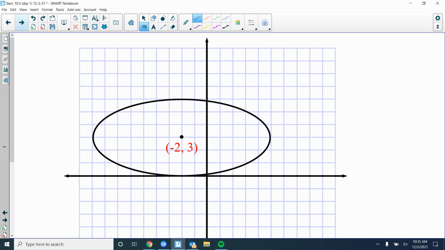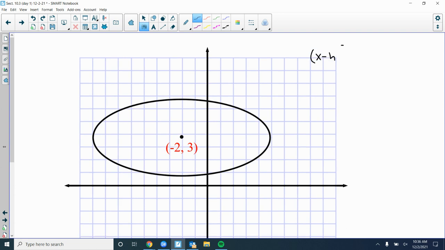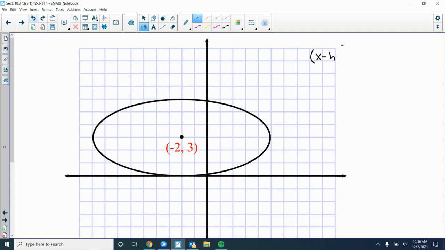X minus h squared divided by a squared plus y minus k squared divided by b squared equals 1. Okay. Yes. So I'm going to start with that. X minus h squared divided by a squared plus y minus k squared divided by b squared equals 1.